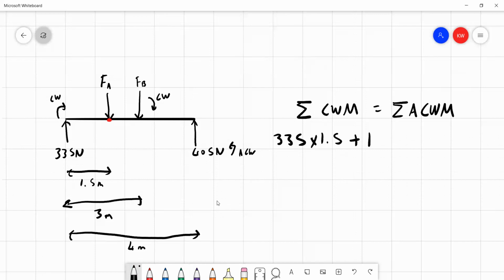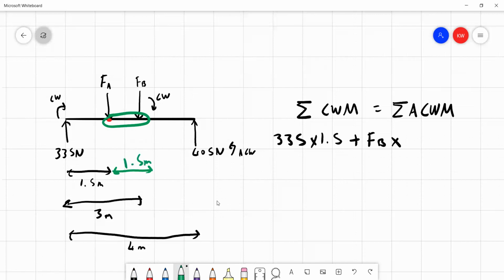Our other clockwise moment is the force FB. So we're going to add to this FB, and we need to multiply this by the distance from the point we're considering, this distance here. What is this distance? We're not explicitly told it, but we know it's the difference between 3 meters and 1.5 meters, and 3 take away 1.5 is also 1.5.